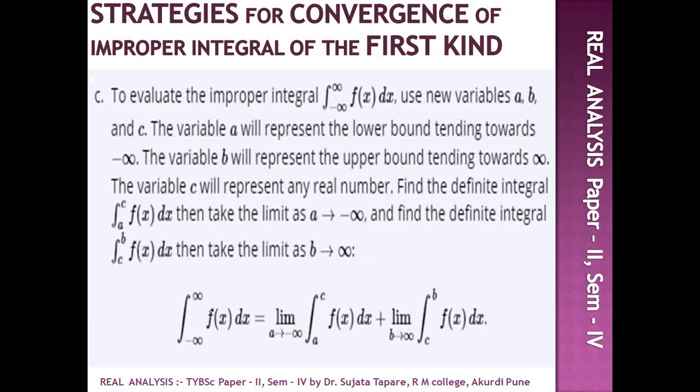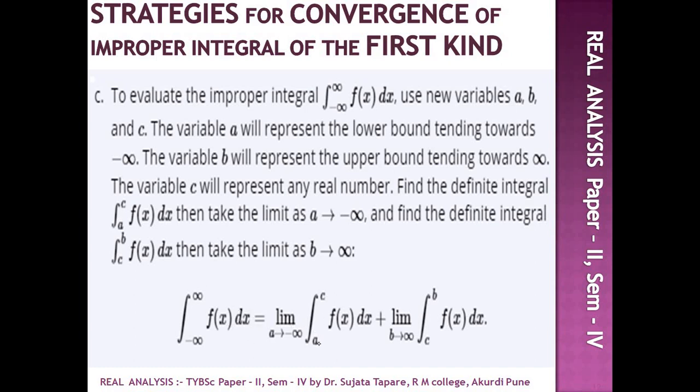And last one, if both limits are infinite, then we divide this integration at some point c, then we have integration minus infinity to c f of x dx plus integration c to infinity f of x dx.